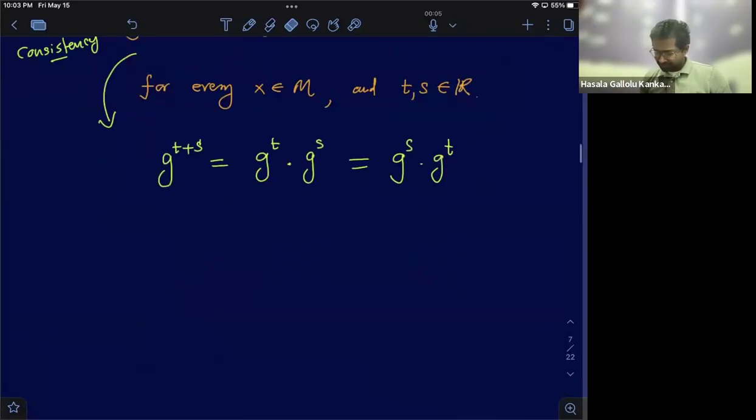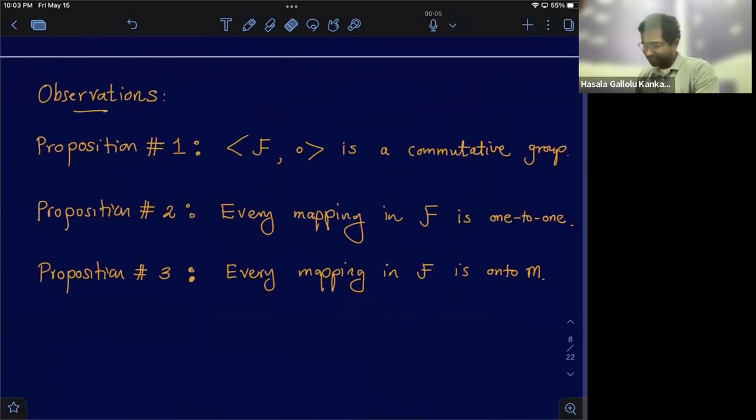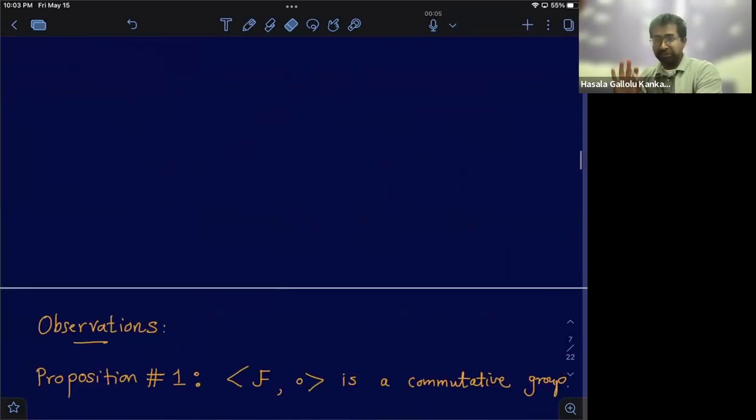The first observation, right, let me have like 3 observations together. Okay, let's reveal them one step at a time. The first one is this structure, the collection F. This is none other than the collection of G_T, where T is coming from the real number set.